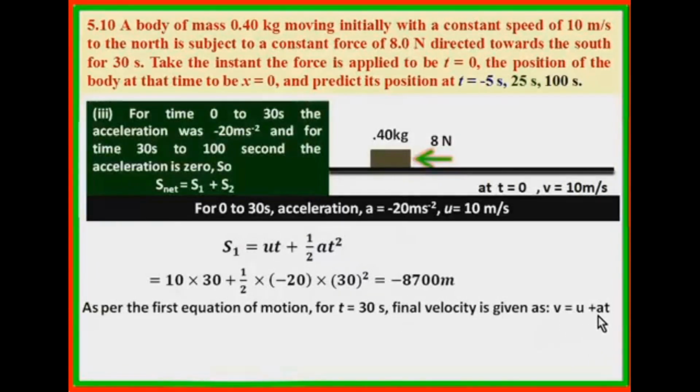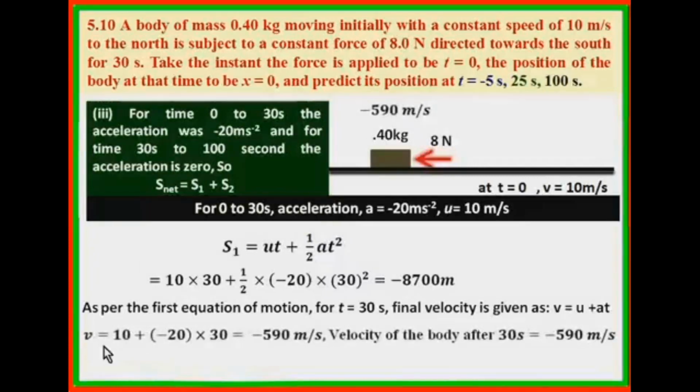Now by using the first equation of motion, we can find the final velocity, so that we can work out the motion for the next 70 seconds, from 30 to 100.